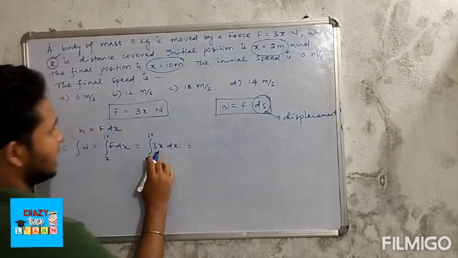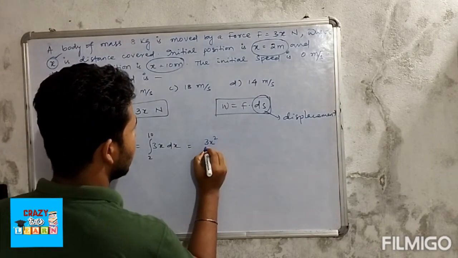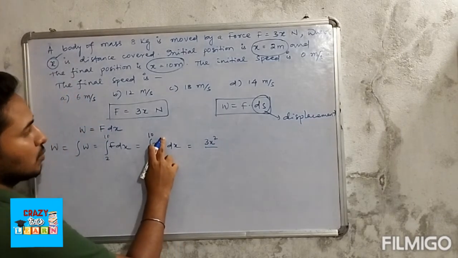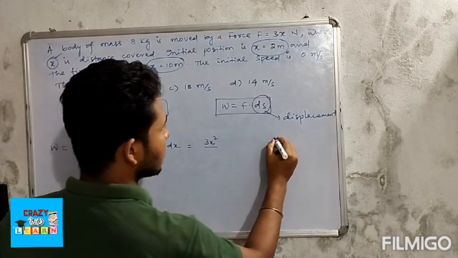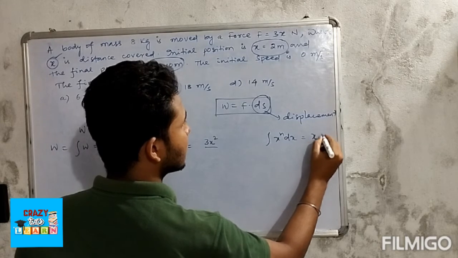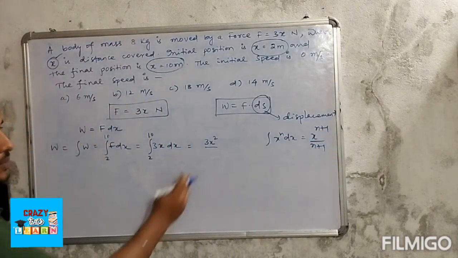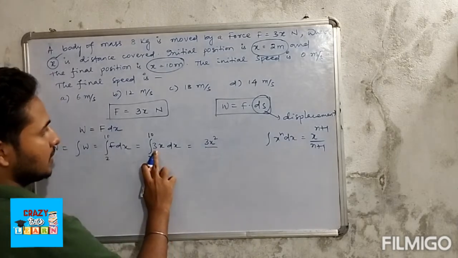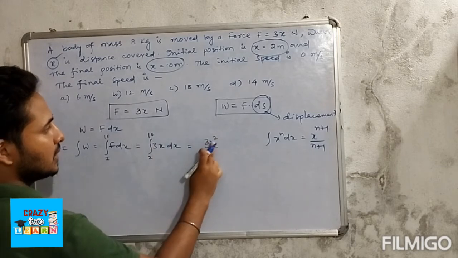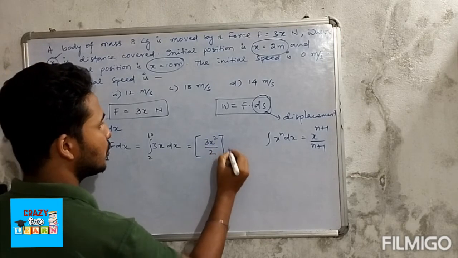When you integrate 3x dx, what will you get? You will get 3x square. What is the power of x? 1. We know that the integration of x power n dx is x power n plus 1 divided by n plus 1. Similarly here, for 3x, x power 1, 1 plus 1 is 2, we get 3x square divided by 2, and the limit is from 2 to 10.